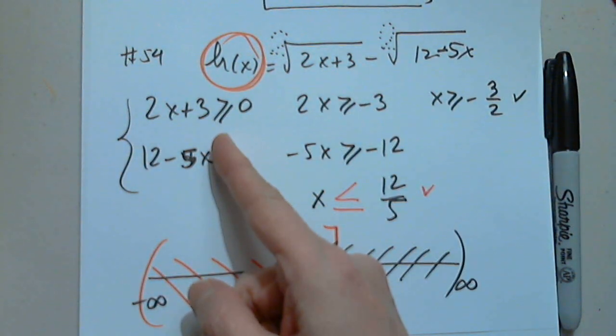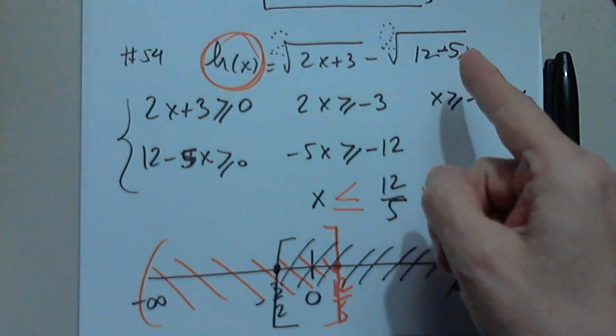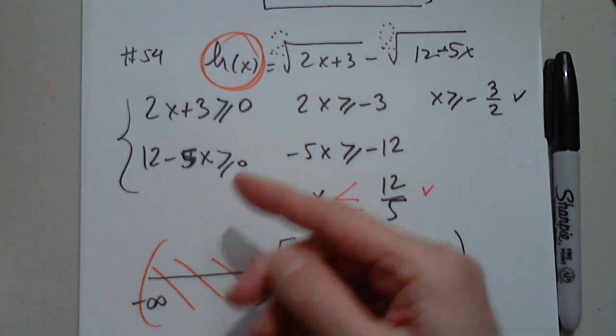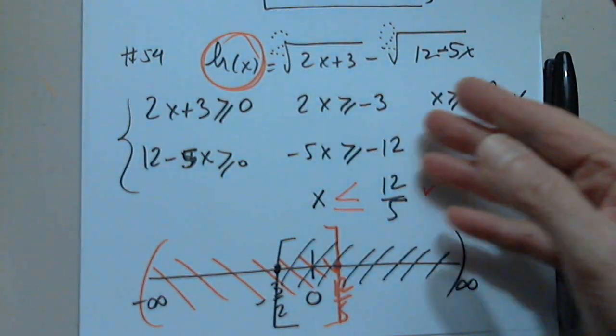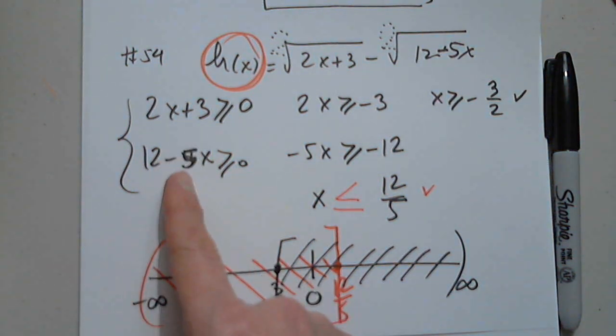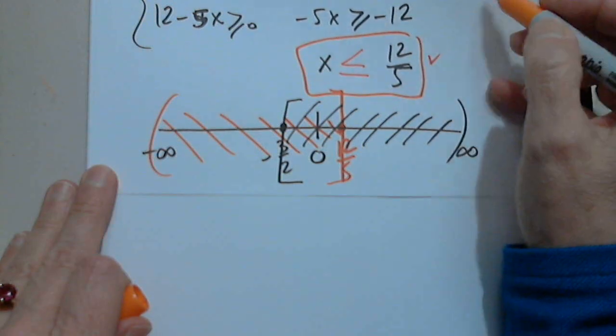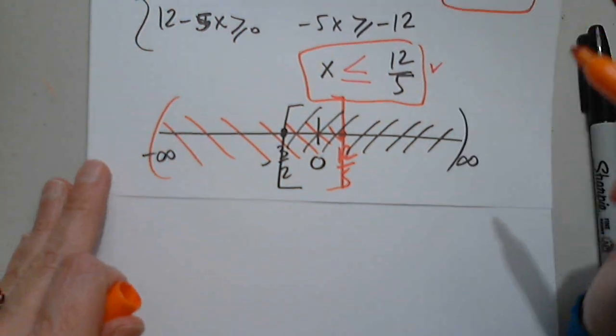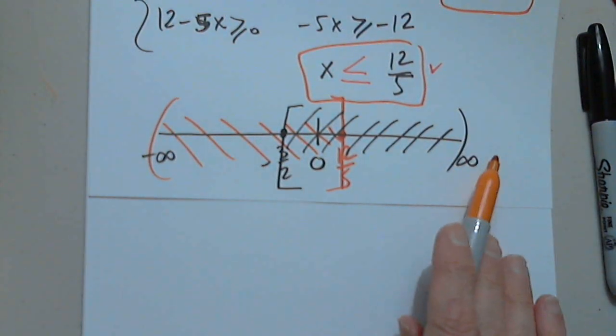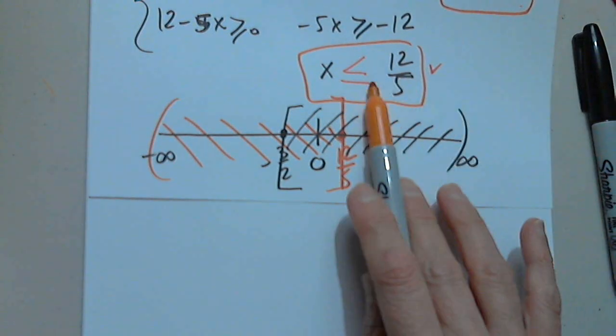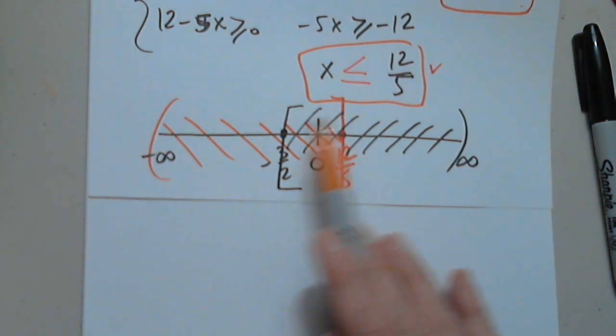This has to happen. What has to happen for this to exist? This has to happen. Then I perform my calculations on simple linear inequalities, and I just came up with two conditions. This one says to the right of -3/2, and this one says to the left of 12/5.